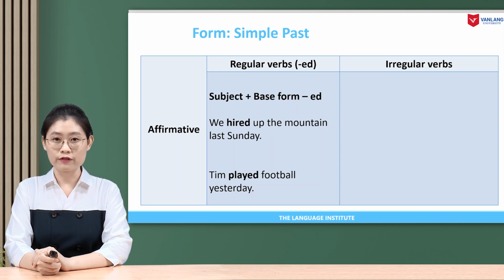To form an affirmative sentence with regular verbs in simple past, you will put the subject first and then goes the verb. And with the verb, you use the base form and then add ed at the end of the word. For example, we hiked up the mountain last Sunday.